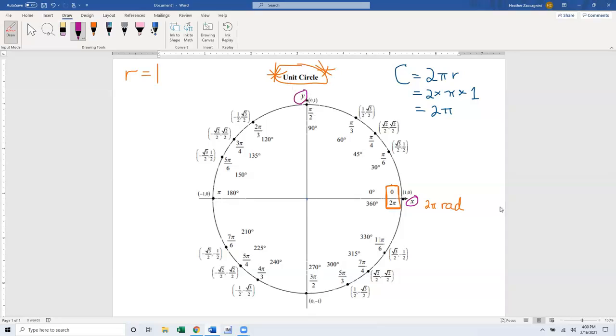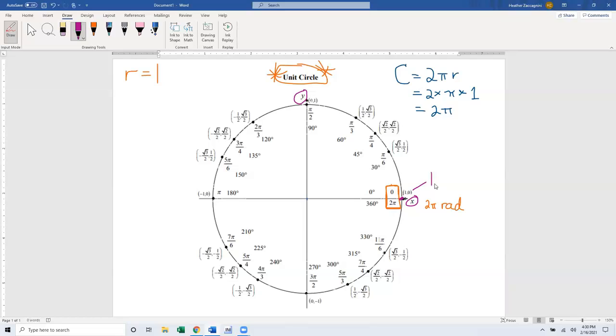So we have X and Y axes. X is the horizontal axis and Y is the vertical axis here. And that's important because that gives us a coordinate system. So what we see here is this dot at 0 and 360, or 0 and 2 pi radians, has a coordinate of 1, 0.